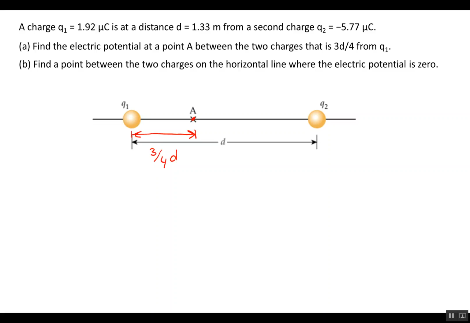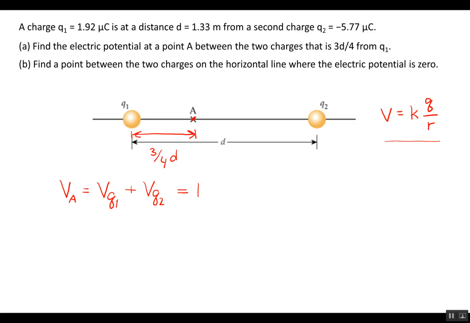All right, so we start with the equation V equals K times Q over R. This gives us the voltage at a point in space at distance R from a charge Q. So the total voltage at point A equals the voltage at that point due to Q1 plus the voltage at that point due to Q2.